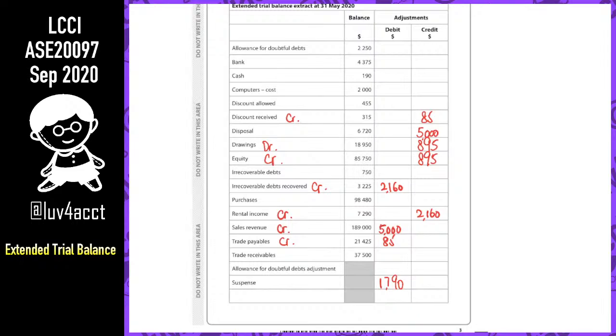Let me use green for this one. Trade receivables is a debit side account. The customer pays us something, but then we will write off the remaining. So in any way, the trade receivable will be reduced by 2,500. This 2,500 is settled partly by a receipt, 625, and the remaining to be written off as irrecoverable debt, 1875.